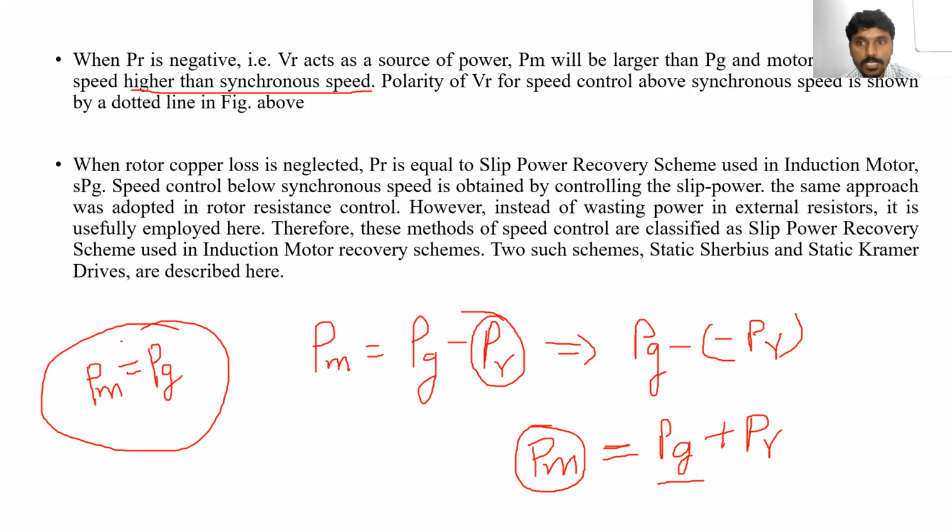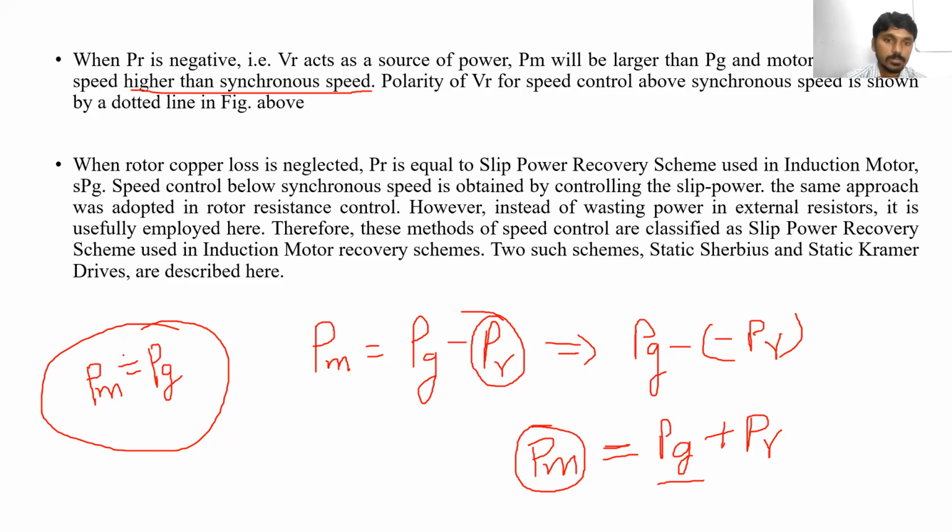So this is equal to the slip power recovery scheme used in induction motor, S into PG. Speed control below the synchronous speed is obtained by controlling the slip power. The same approach was adopted in rotor resistance control. However, instead of wasting power in an external resistor, it is utilized here. Therefore, these methods of speed control are classified as slip power recovery schemes used in induction motors.